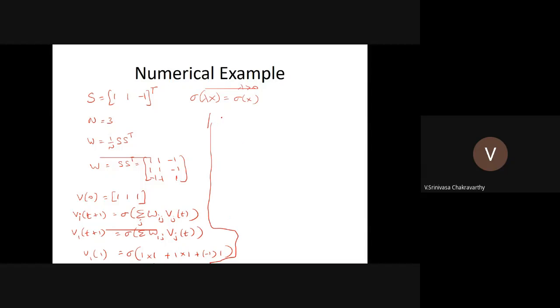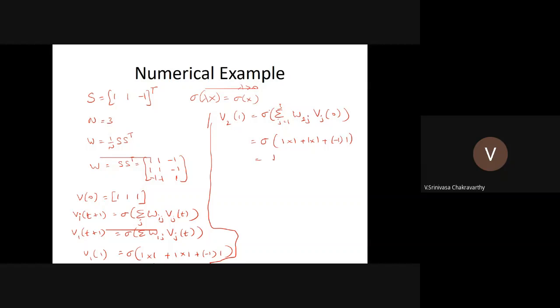Now if you look at V2 of 1, that will again be sigma of the sum over j equal to 1 to 3 of W2j times Vj 0. So that will be sigma of 1 times 1 plus 1 times 1 plus minus 1 times 1.